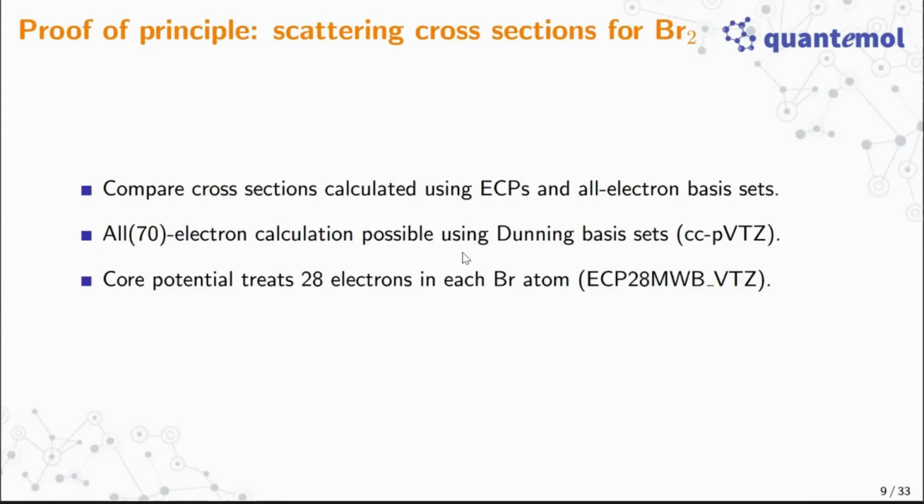So I was able to run the full 70-electron calculation with a standard basis set, cc-pVTZ, and then compare to a calculation where I used a 28-electron core potential for each bromine atom. That's handling all closed cores in all closed shells in bromine, leaving you just with 7 electrons in the valence shell to handle. So it becomes a 14-electron problem instead of 70. So it is a significant reduction there.